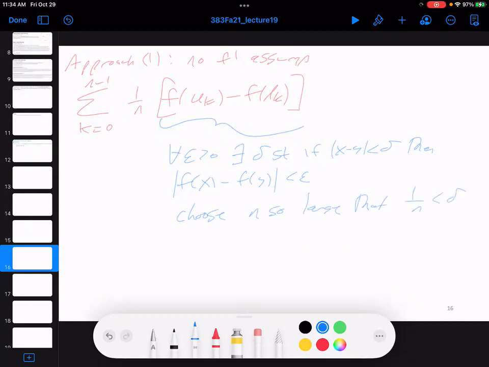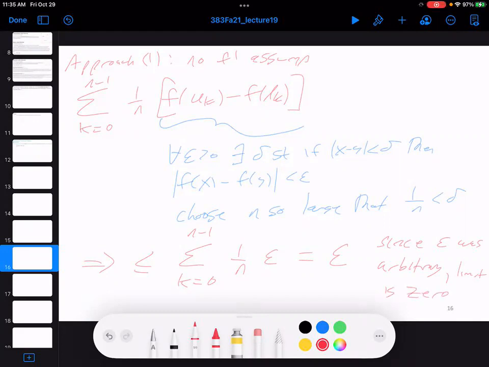And so now we're using uniform continuity. And so now this implies that we are less than or equal to the sum k goes from 0 to n minus 1 of 1 over n times epsilon. And what does that sum equal? Epsilon. And now you say, since epsilon was arbitrary, the limit is 0.